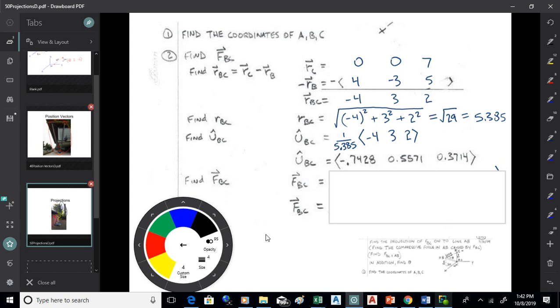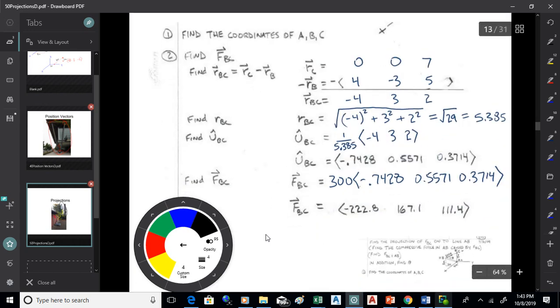So 300 newtons. We'll scale it up by that. So I got 4 places there: negative 222.8, 167.1, and 111.4.